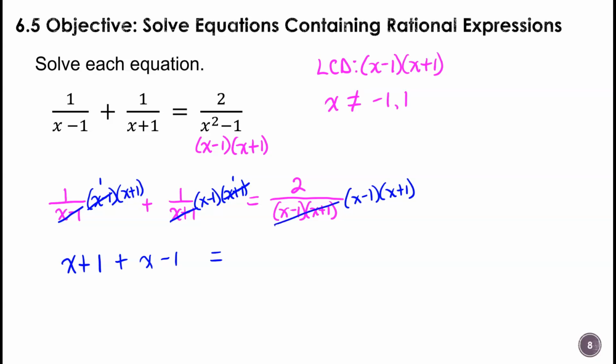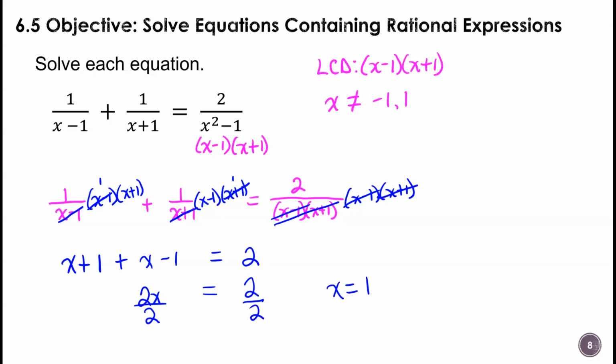And then on this, the entire denominator is gone, so it's just equal to 2. Now on the left hand side, I'm going to combine like terms, so I'm going to have a 2x, 1 plus negative 1 is 0, 2x equals 2, divide by 2 to solve.